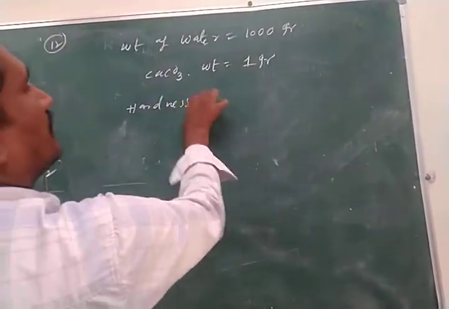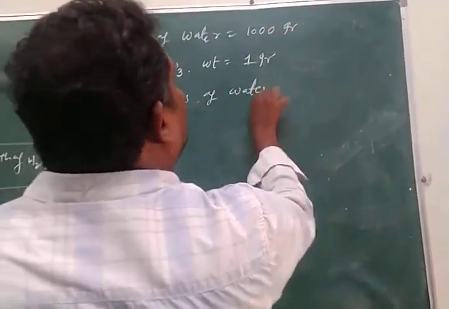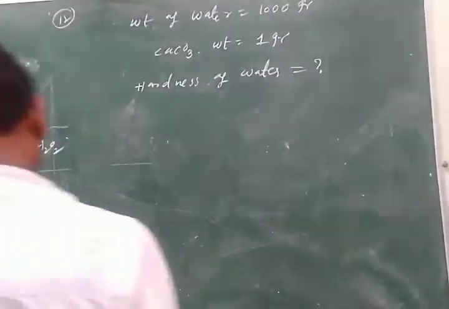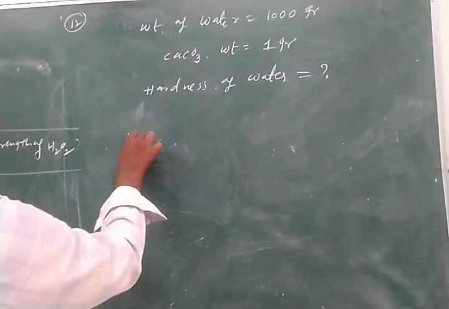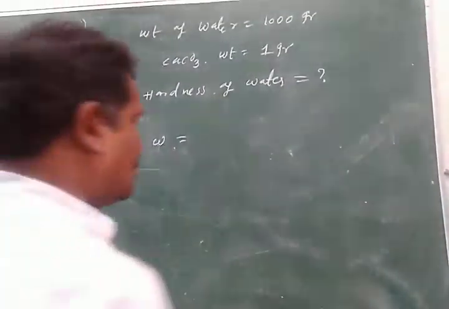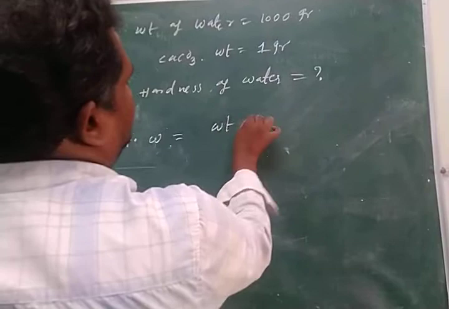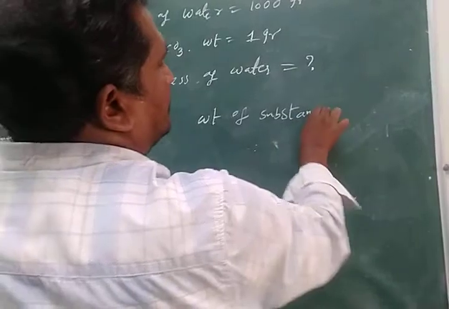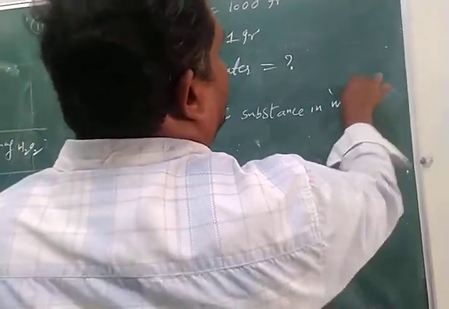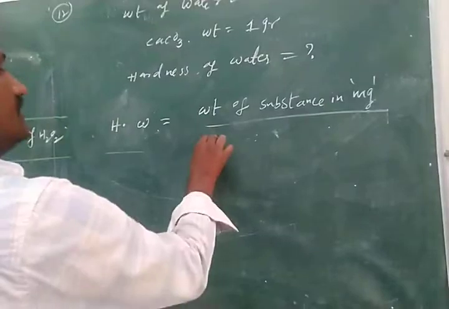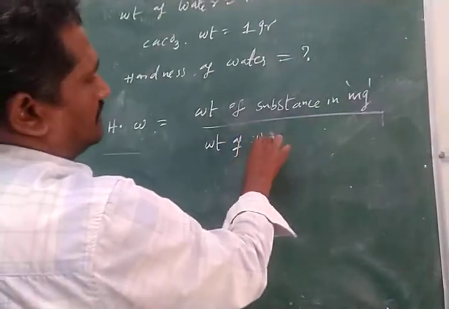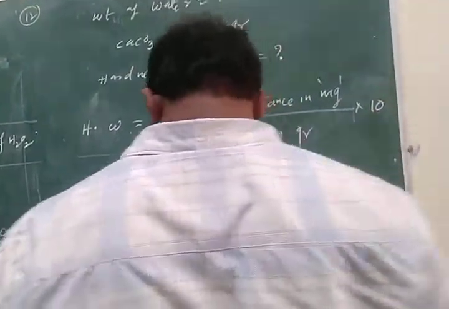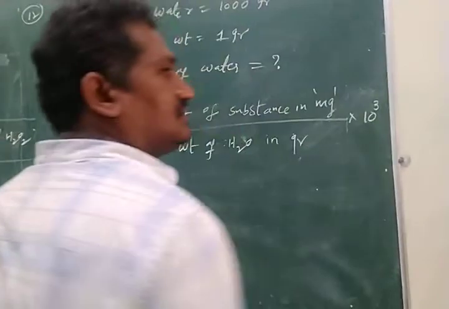You know the formula: hardness of water equals weight of substance, here calcium carbonate, in milligrams, by weight of water in grams, into 10 power 3, or 1000.